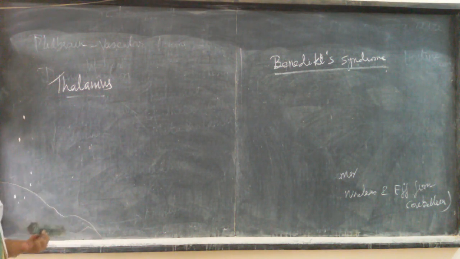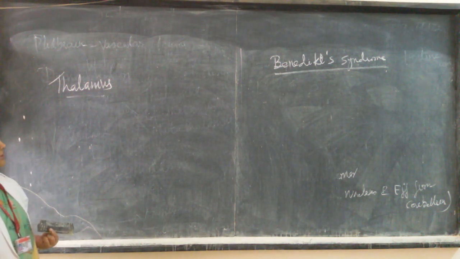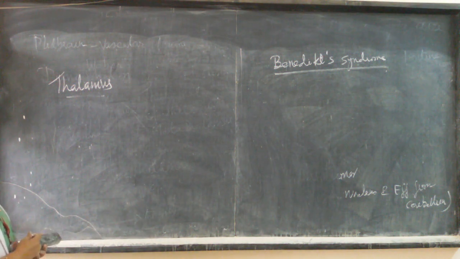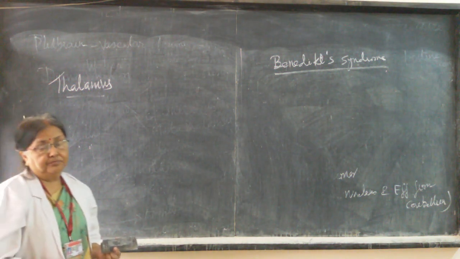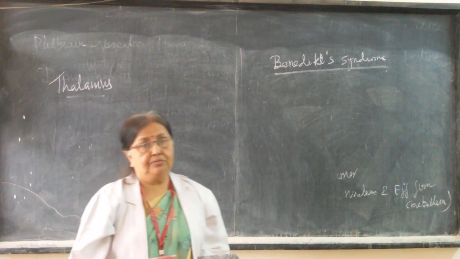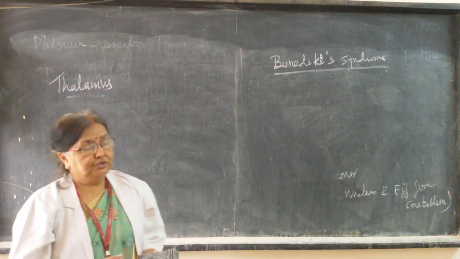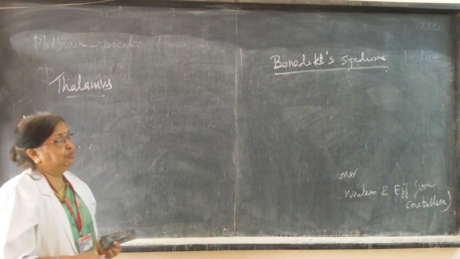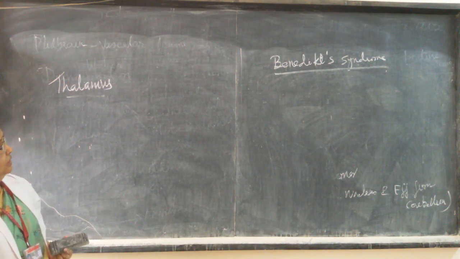This forms the lateral boundaries of the third ventricle. This extends from the interventricular foramen of Monro to the upper part of the superior colliculus.